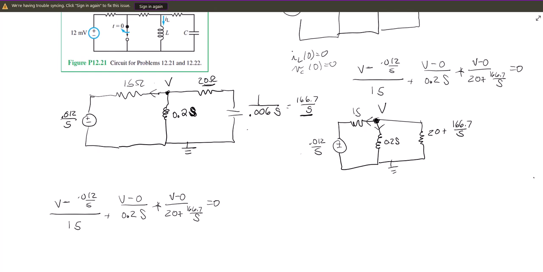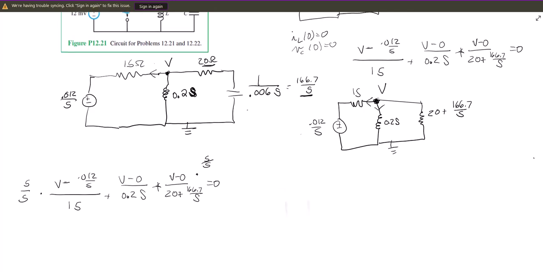Alright, so now let's simplify this a little bit. I'm going to multiply this fraction by s over s, and also this fraction here at the end by s over s.